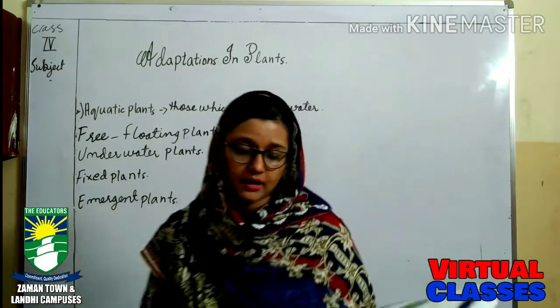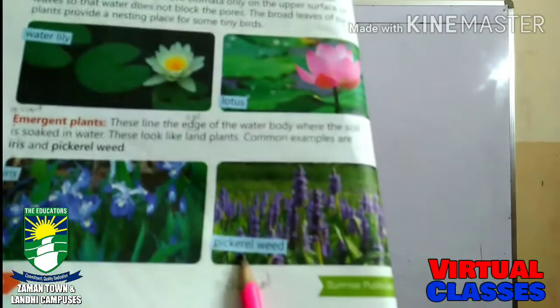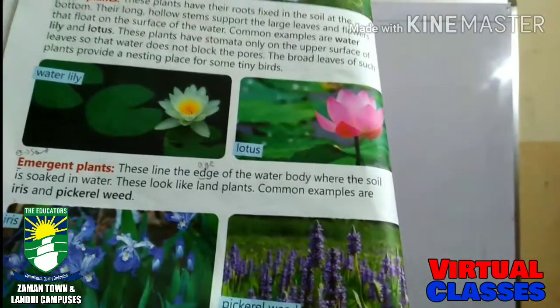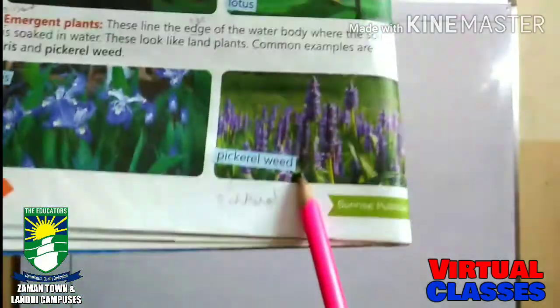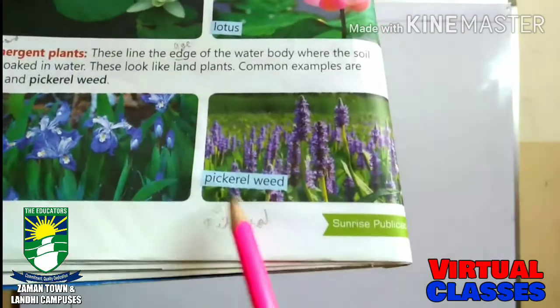Common examples are shown here. They line the edge of the water body where the soil is soaked. Both are examples of emergent plants.